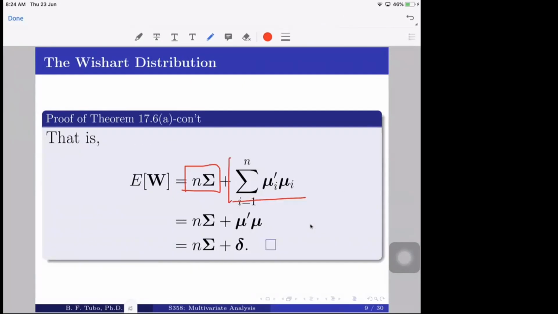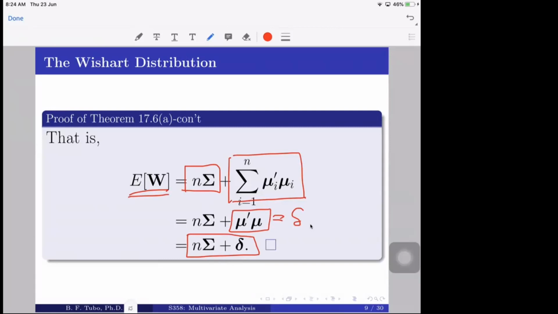And by definition, the summation of mu i prime mu i is just your mu prime mu, which is your delta. So the expected value of your W, which is a Wishart distribution, is equal to n sigma plus delta.